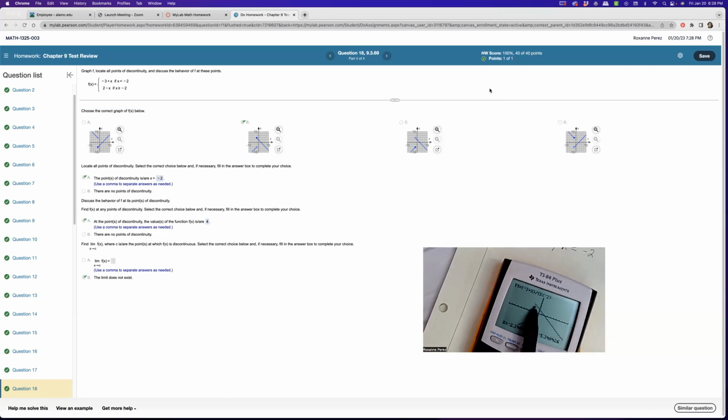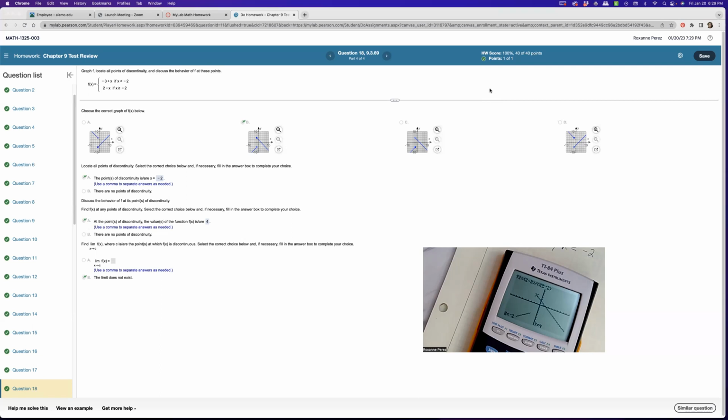Well, because this is a function that has the greater than or equal to, we would actually evaluate this function exactly at -2 to determine the y value. So we can do that by going second, trace, value, -2, enter, and that value is 4.